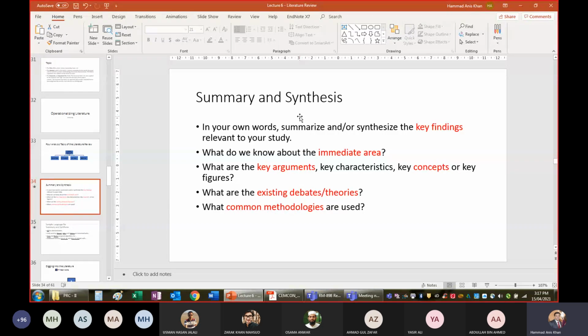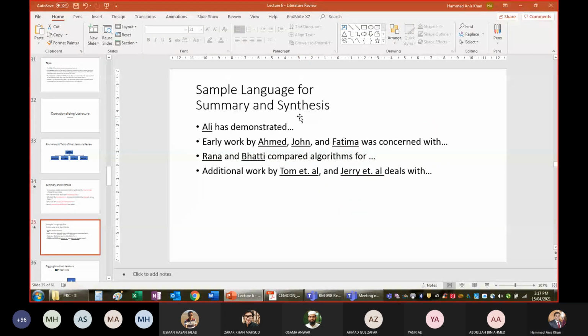When you do the summary, you can only target those points which are very important in the research paper. You will not summarize everything. It is a kind of abstract of the research paper in your own words. So you can use simple sample language, like: Ali has demonstrated.